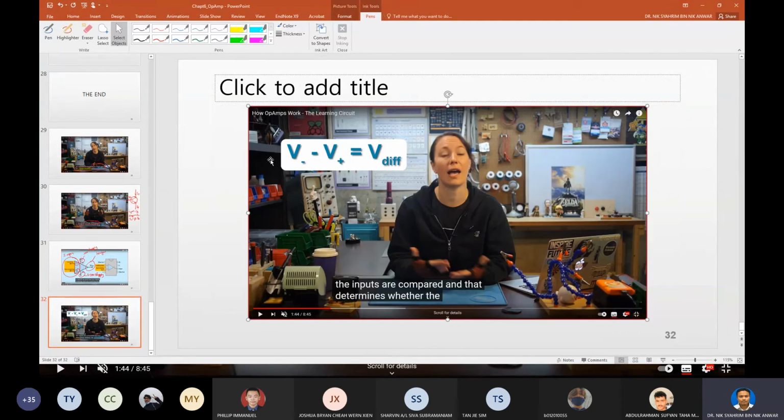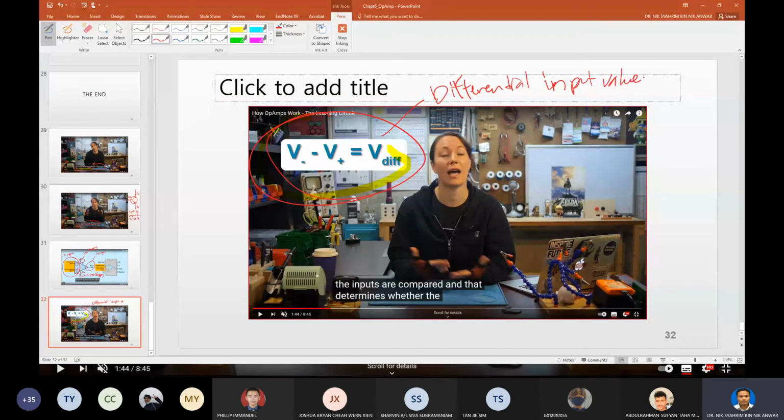Okay, so it will be the differential input values.